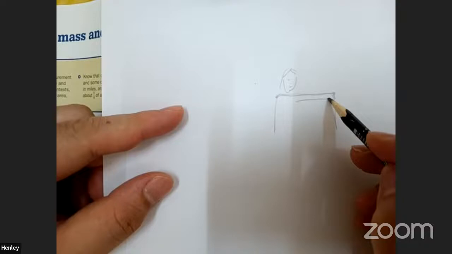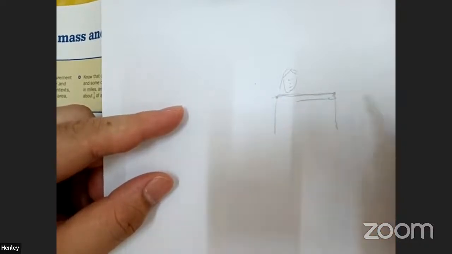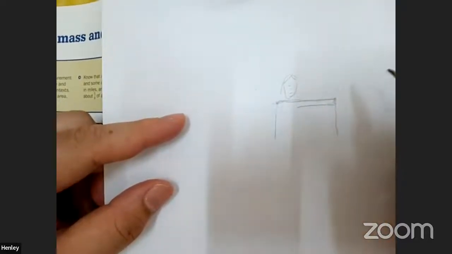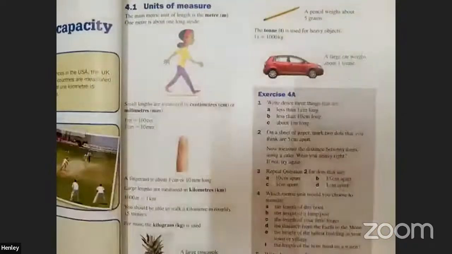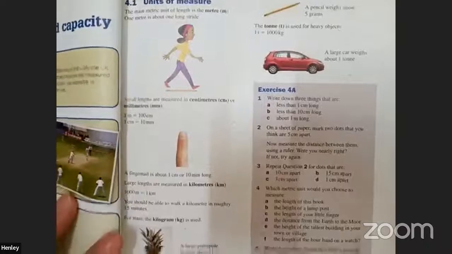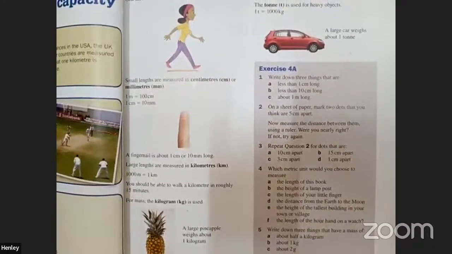From shoulder to hand is usually 1 meter. Last time they used this to represent 1 meter, but now 1 meter is fixed at 100 cm, the so-called SI unit.